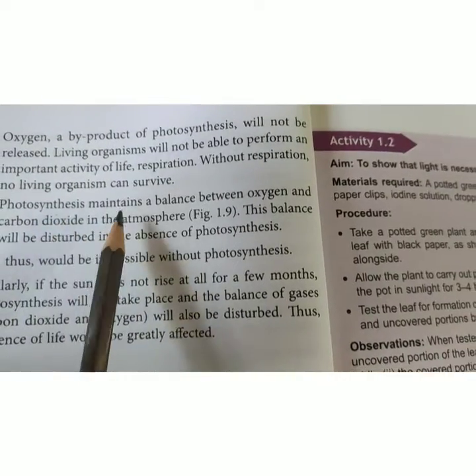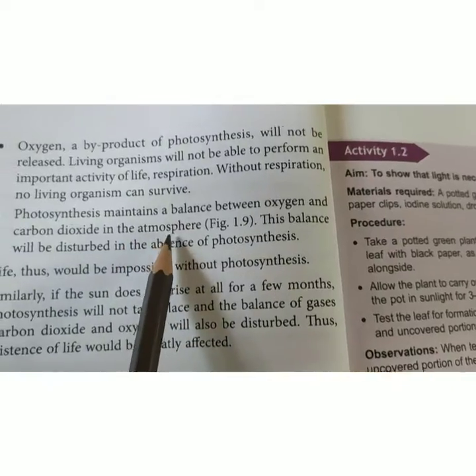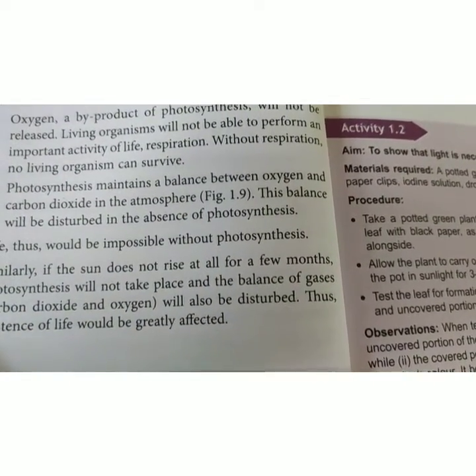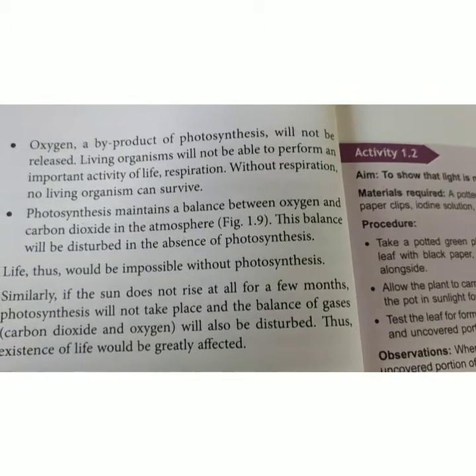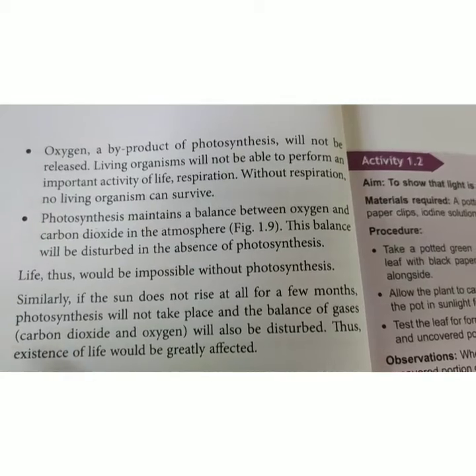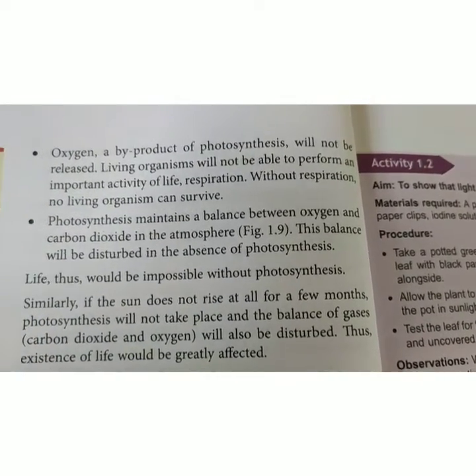So photosynthesis maintains the balance between oxygen and carbon dioxide in the atmosphere. Why? Because it gives out oxygen, we take in oxygen, we give out carbon dioxide, and the plants, on the other hand, need carbon dioxide to carry on the process of photosynthesis.